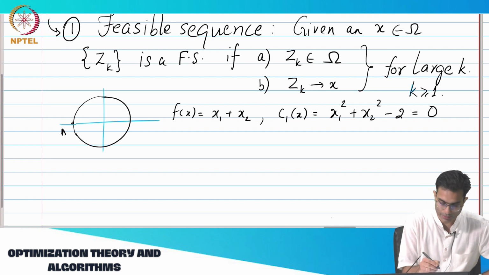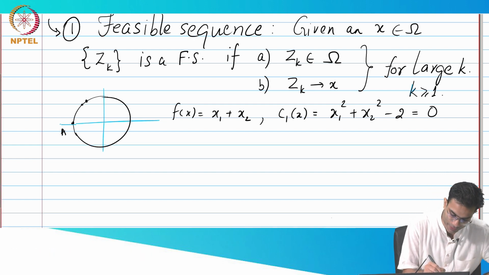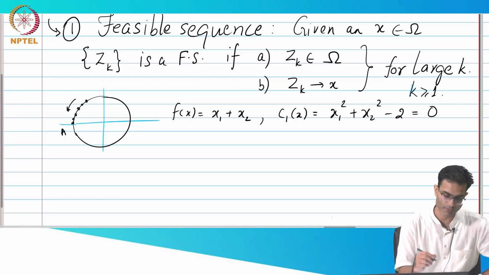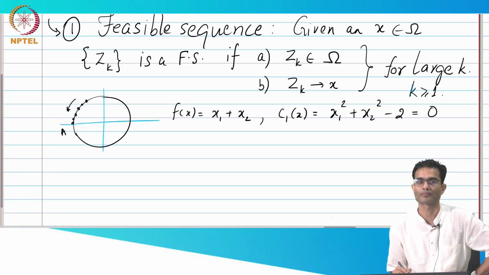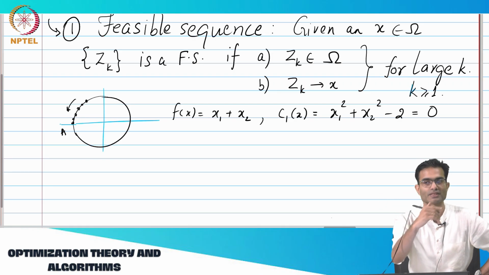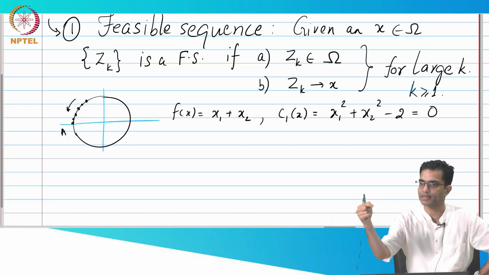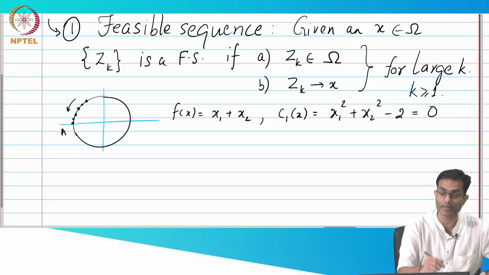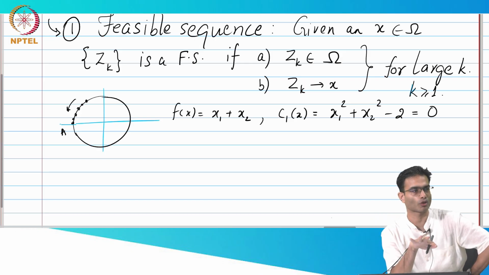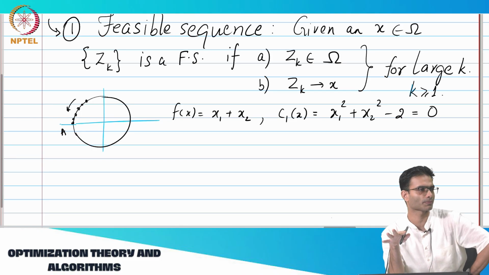So let's take, supposing I think of points like this. So this is one sequence. I start from somewhere on the top of the circle, and as the sequence index k increases, this zk begins to tend towards my point A, right. So without first defining it, geometrically it makes sense. What is a feasible sequence?